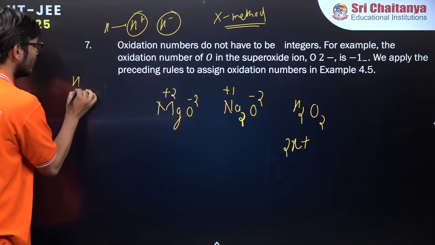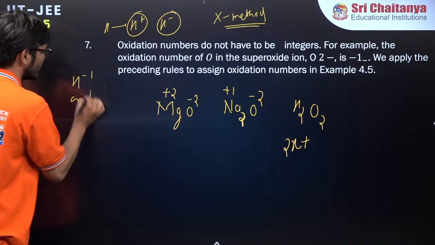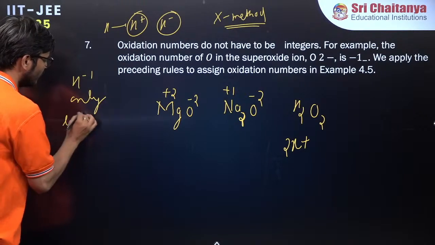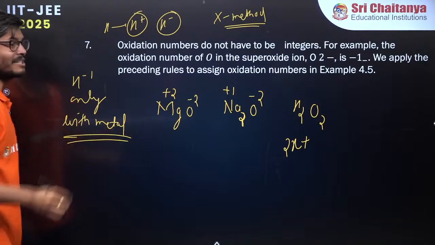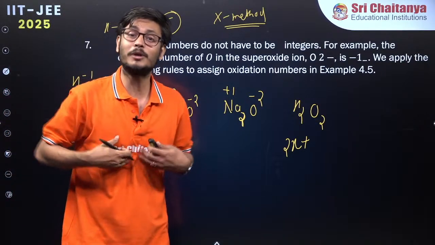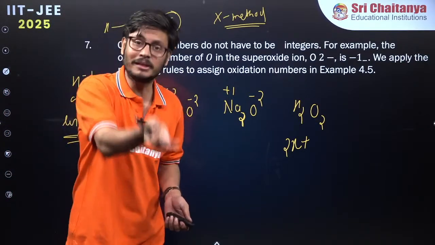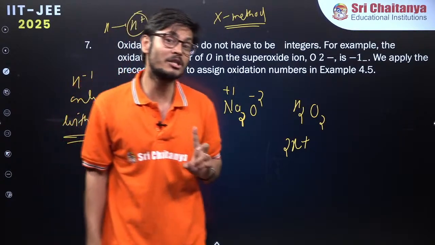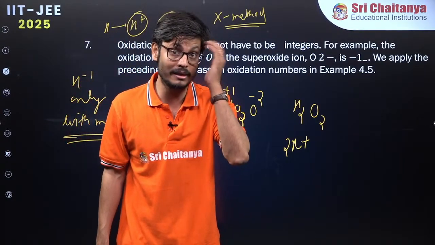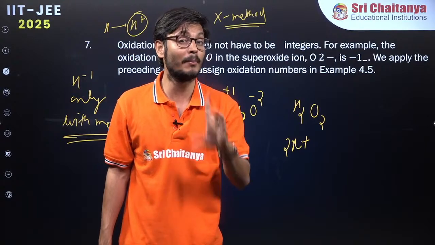So hydrogen will be -1 only with metals. Hydrogen will be -1 only with the metals, because metals are more electropositive. So they want to donate the electron. So hydrogen will become -1. Remember this please. Hydrogen is -1 only with the metals.